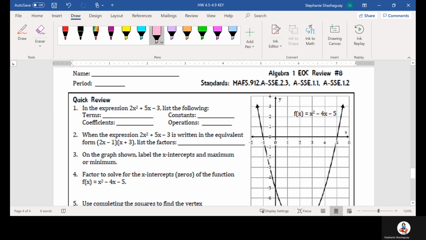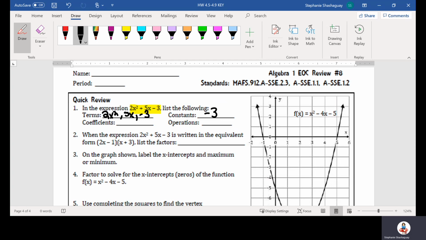In the expression 2x squared plus 5x minus 3, list the following. So what are the terms? The terms are 2x squared, 5x, and negative 3. What are the constants? Well, the only constant in this equation is negative 3.